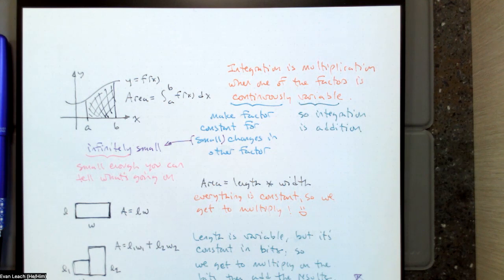Actually going to be both of them, but both of our vectors are going to be continuously variable. So we're going to break it down into pieces. We're going to go not continuously variable, just variable, so we can multiply and then add up all those pieces, then make the pieces infinitely small. Same process. It's going to look a lot worse because we're doing dot product and it's all vectors. But there it is. It's the same process.